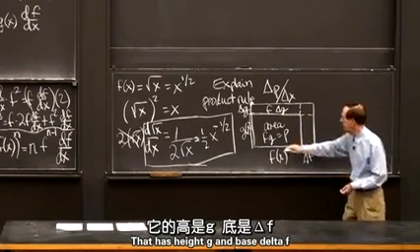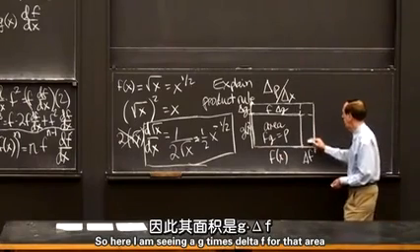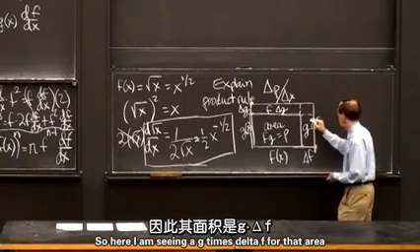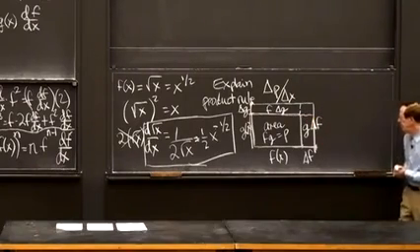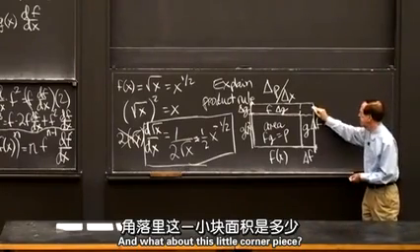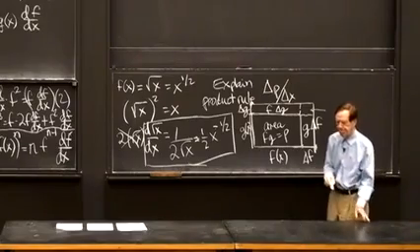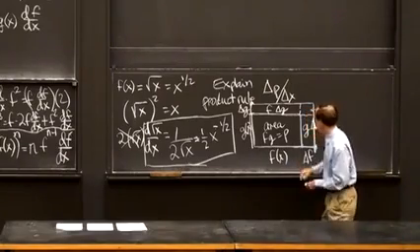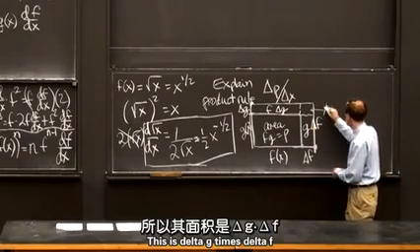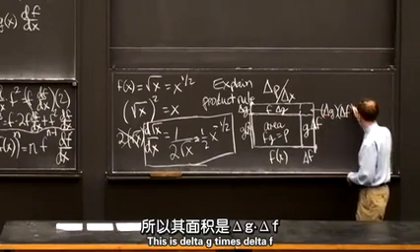That has height g and base delta f. So I'm seeing g times delta f for that area. And what about this little corner piece? Its height is just delta g, its width is delta f. This is delta g times delta f.